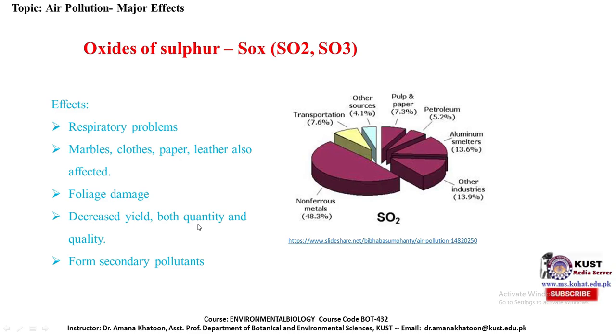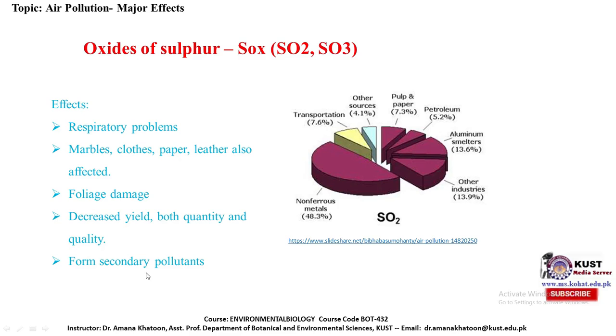So we have to notice that oxides of sulfur are causing not only a quantity decrease, but they are reducing the quality of the yield. So the crops which are growing in the presence of sulfur oxide would have a compromised quality as compared to the normal crops.